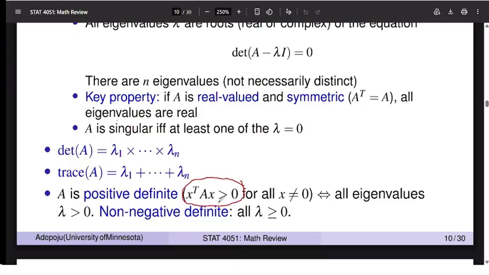For positive definite, each eigenvalue must be strictly greater than zero. Don't forget, each of them represents variance. We want them to be non-negative, and not only that, we want them to be strictly greater than zero. But we can also have situations where they can be zero.